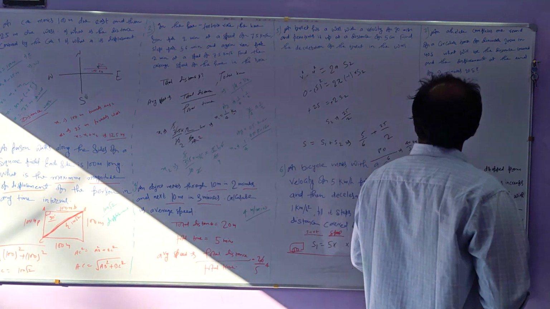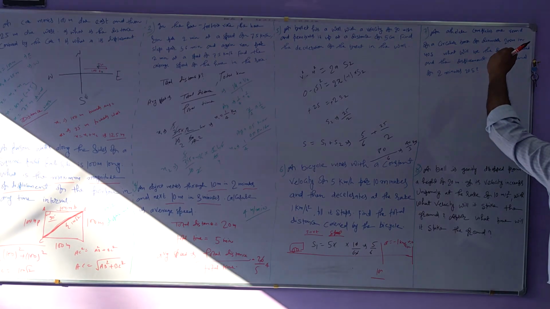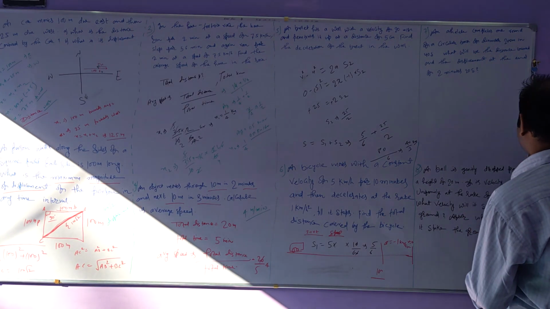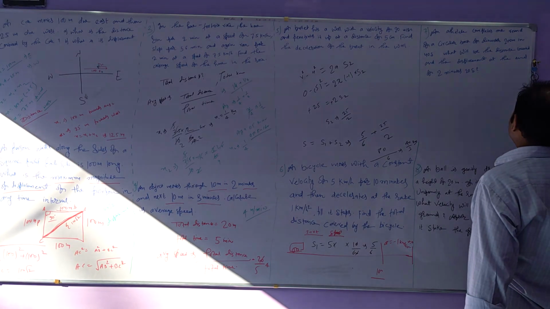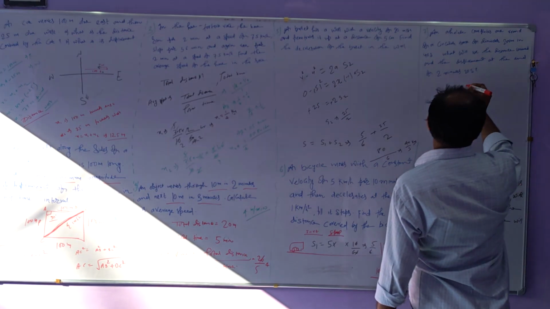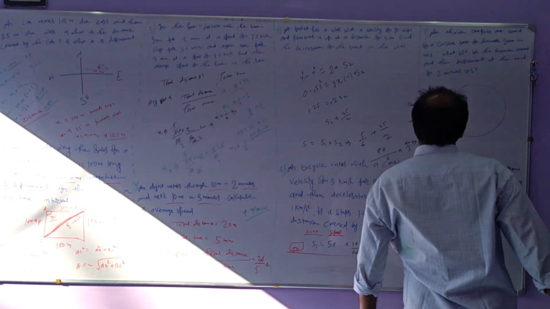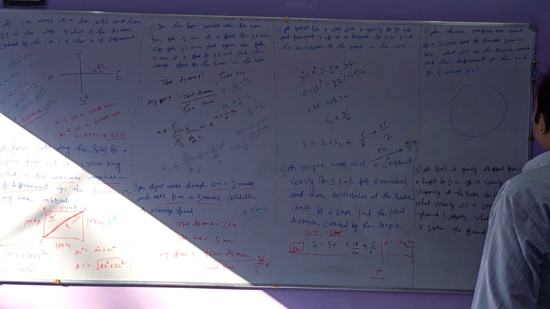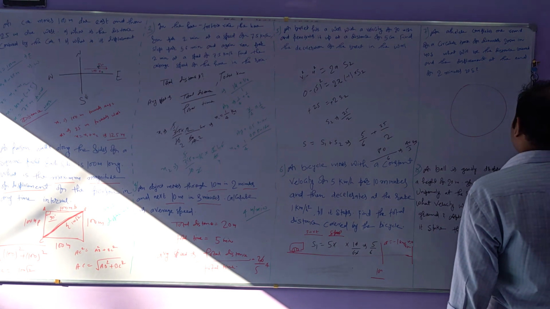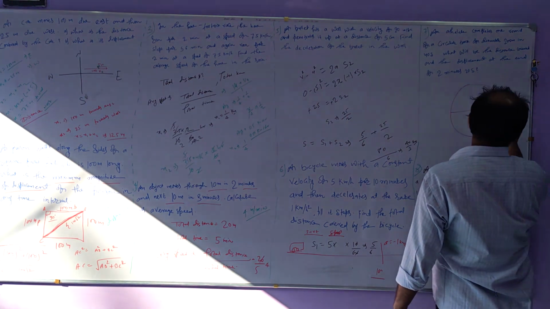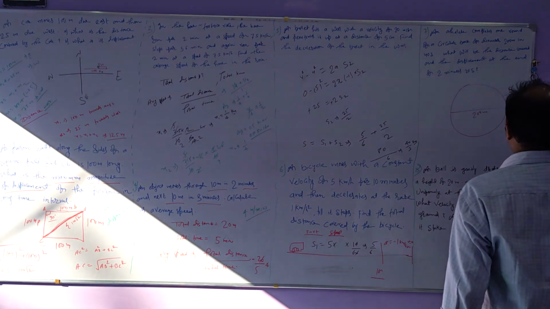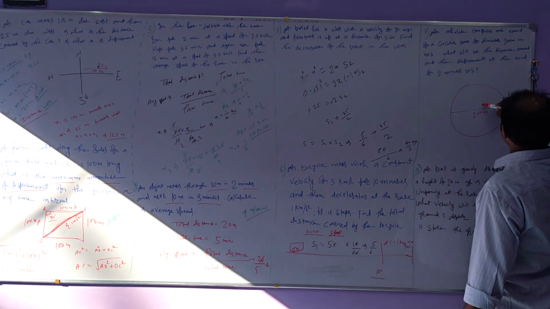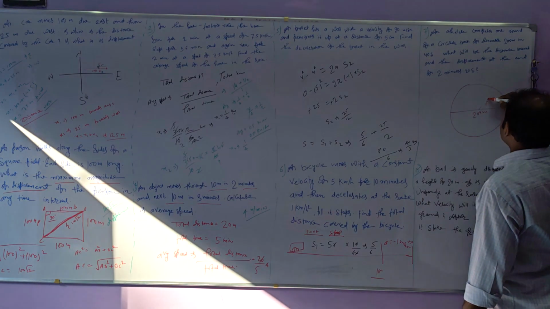In another question, an athlete completes one round of a circular track of diameter 200 meter in 40 seconds. We have a circular track of diameter 200 meter, and its radius becomes 100 meter.